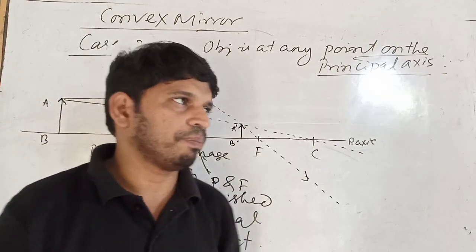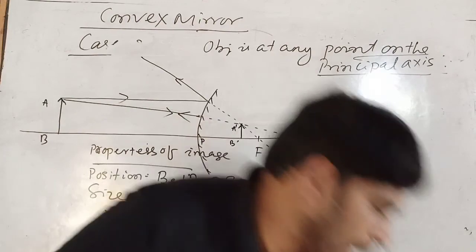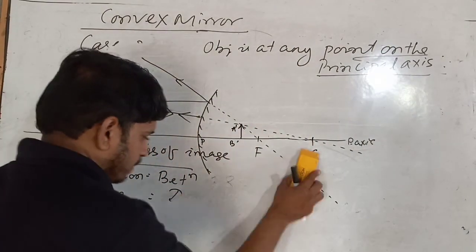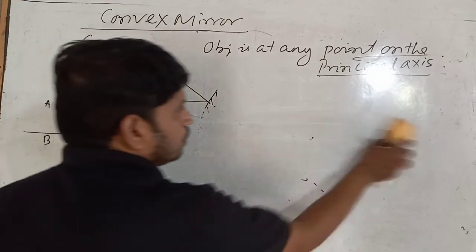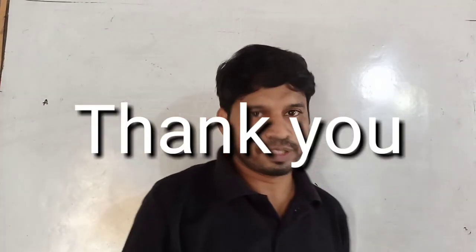You can see and read the book and learn the things using the video. This video will be helpful for you to understand the NCERT. So the class is over for today.